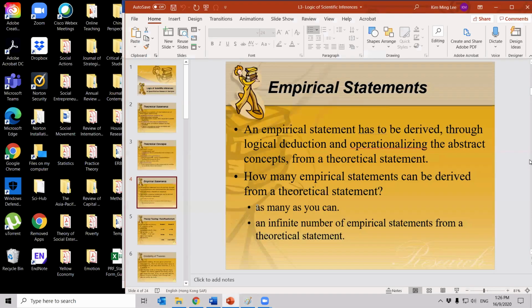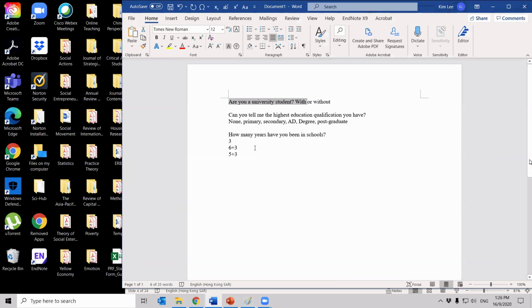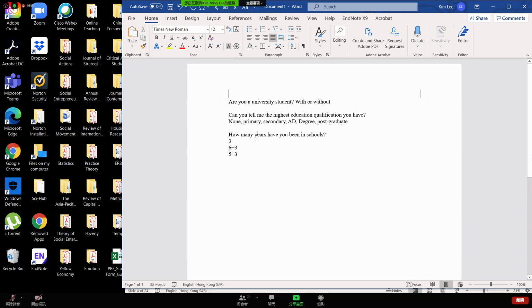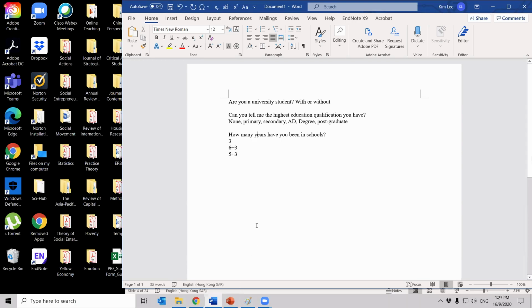So again, then we may have another question. How many empirical statements can be derived from a theoretical statement? Actually, as many as you can. Just as I showed you, we can operationalize education in at least 3 ways. That means if you construct empirical statements, you can construct 3 empirical statements from the same theoretical statement.